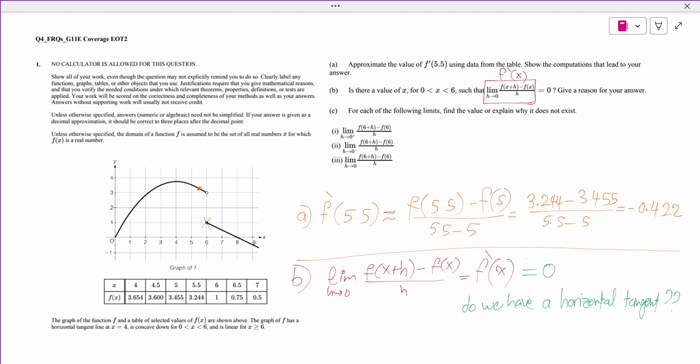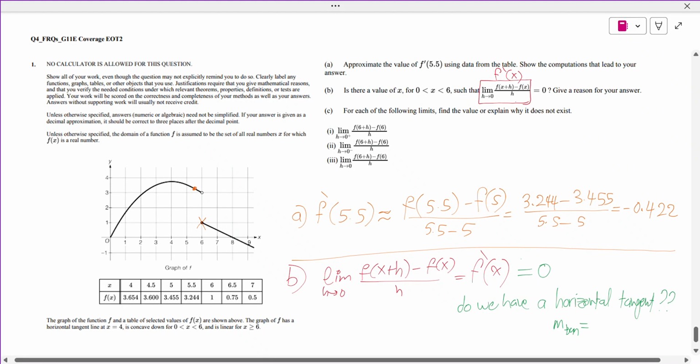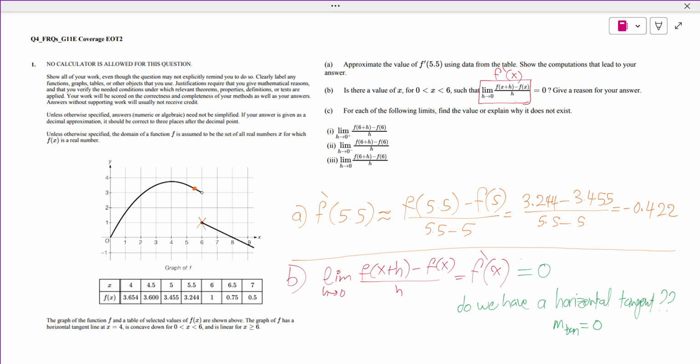Why did we say horizontal tangent? Because the horizontal tangent has a 0 slope. M of the tangent is equal to 0, right? And the slope of the tangent line is the same as the derivative.